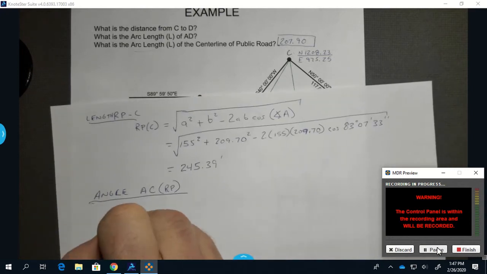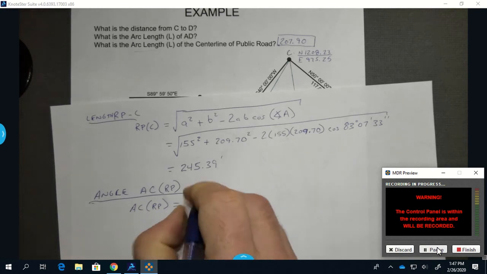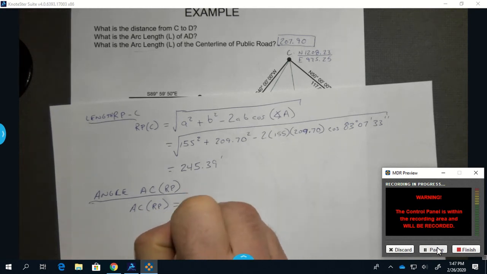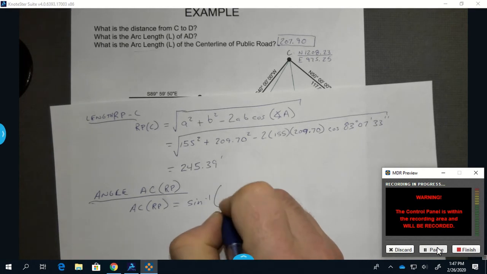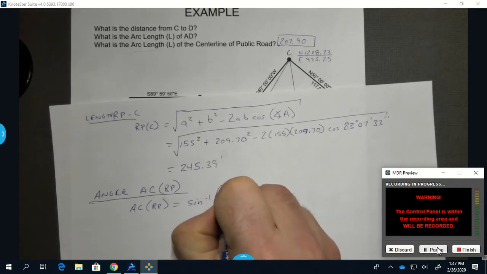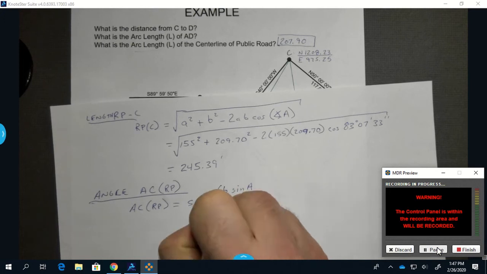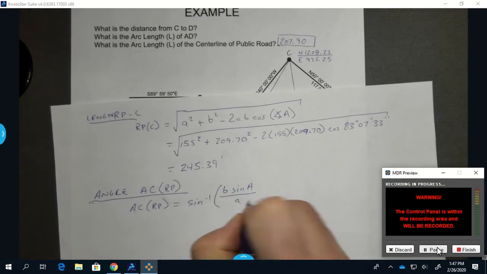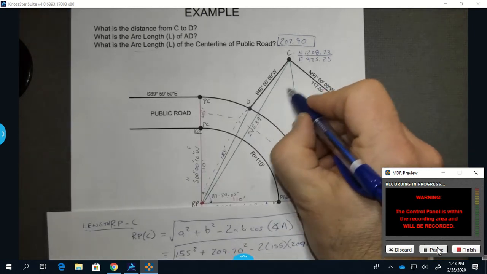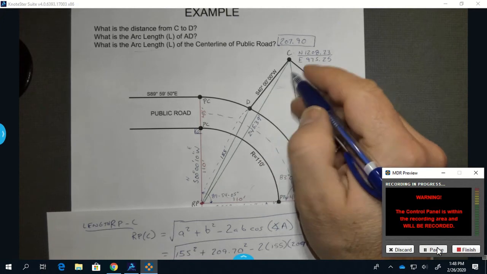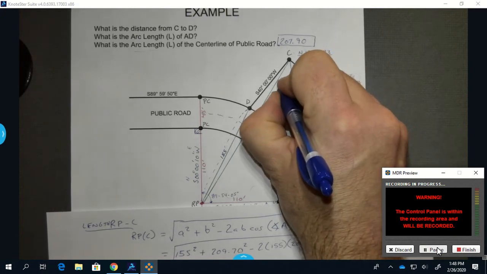So ACRP is equal to the sine inverse. I'm not deriving this or switching around this formula for you. I already have it switched, so I'm not going to go through it. You guys should know how to swap. Basically, this is what I'm using to find this angle here. So we're looking for this angle.